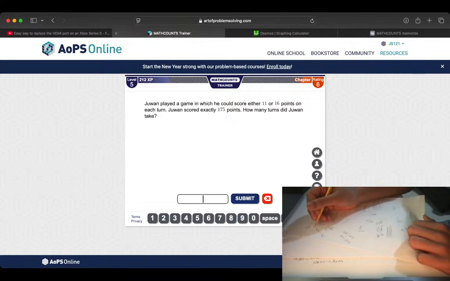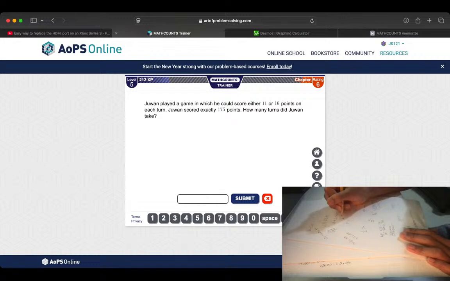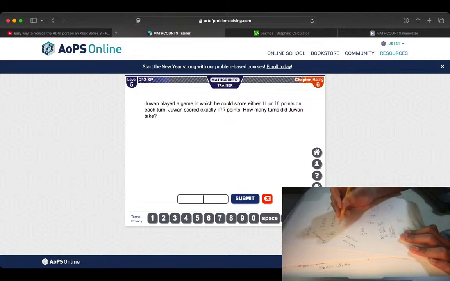Let's try adding 16 to this one, and we can get 63. That's not it. Let's try subtracting 16 from here, which is equal to 11, 6. I know, this is not the fastest way.